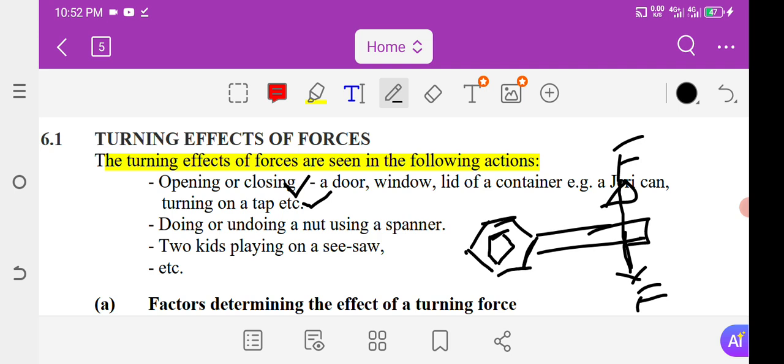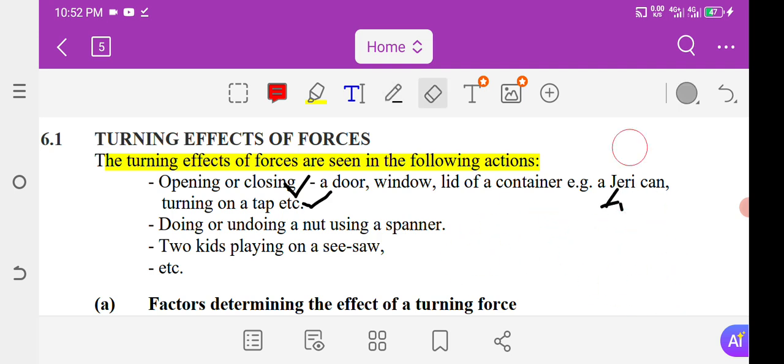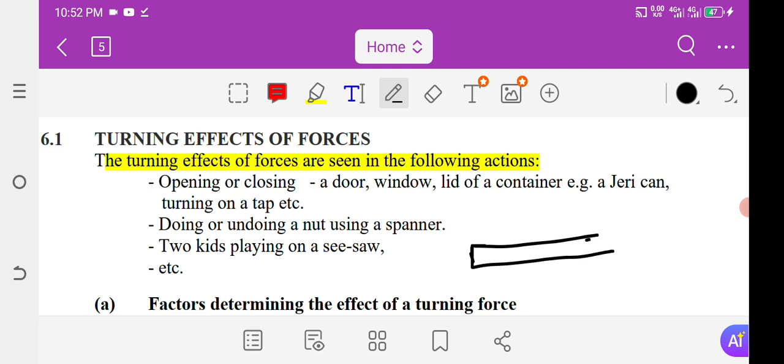We've seen the turning effect of forces in kids playing on a seesaw. I'm sure you have seen kids playing on a seesaw, or if you have not seen, at least you have played on a seesaw before.